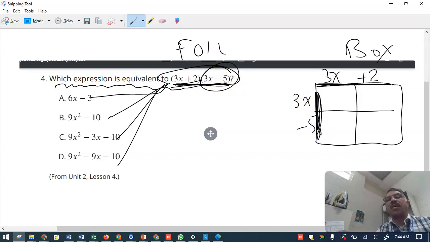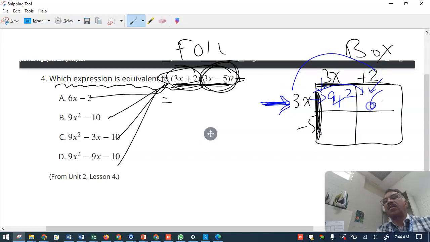So instead of multiplying two binomials, I want to split it into four rectangles. When you multiply the first two, 3x with 3x will give you 9x squared. Then you're going across, so you multiply 3x with the top 3x plus 2. 3x first is done, and then this and this is 6x.